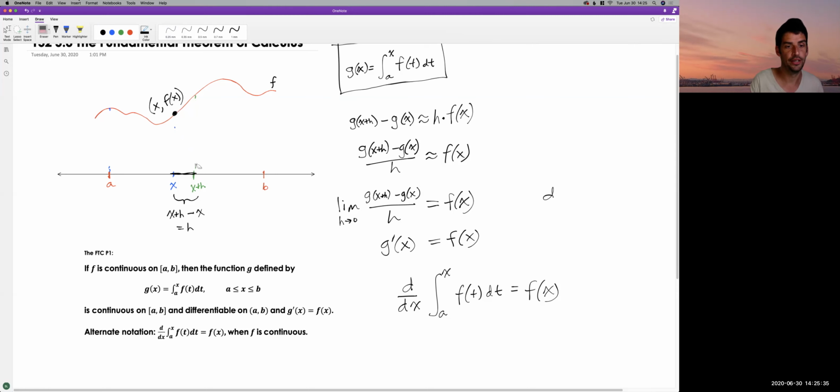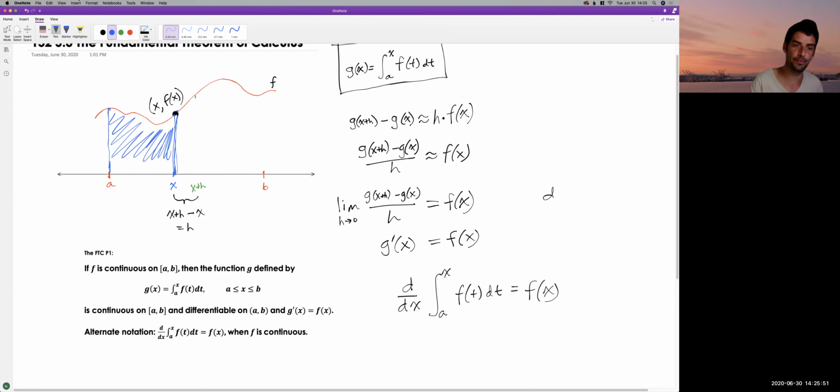So if I take the area from A up to some value x, I get all this area. As I slide x forward, the change is like, I just imagine little strips being added to this area, right? If I take a higher value of x, how did our area change? It's by how high f is.